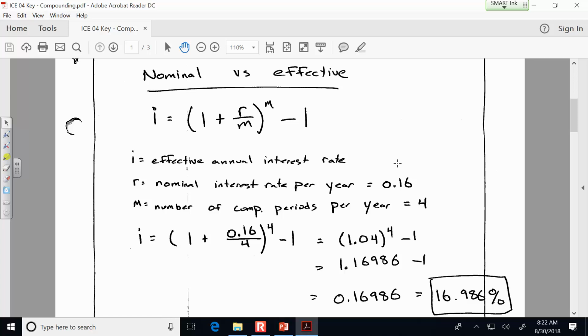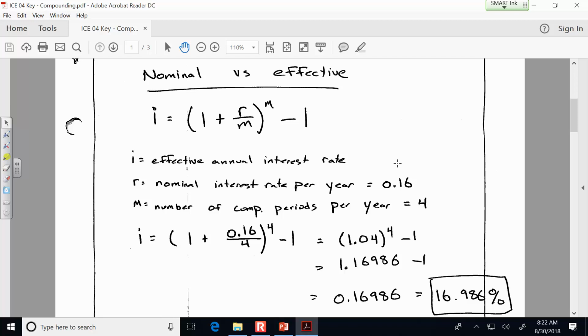First of all, some definitions here. If we assign the variables, the nominal interest rate per year is 0.16, converting 16% to a decimal. And the number of compounding periods per year, if it's quarterly, is 4.